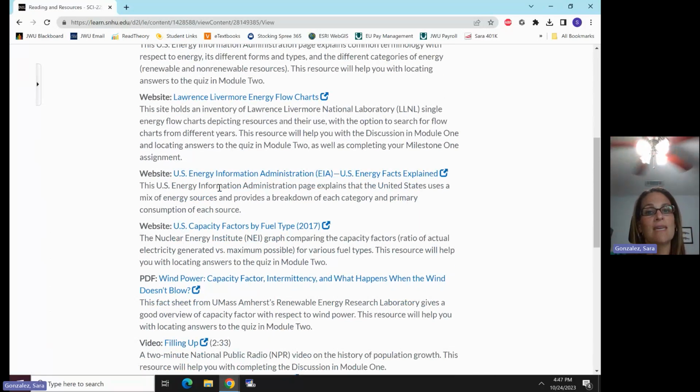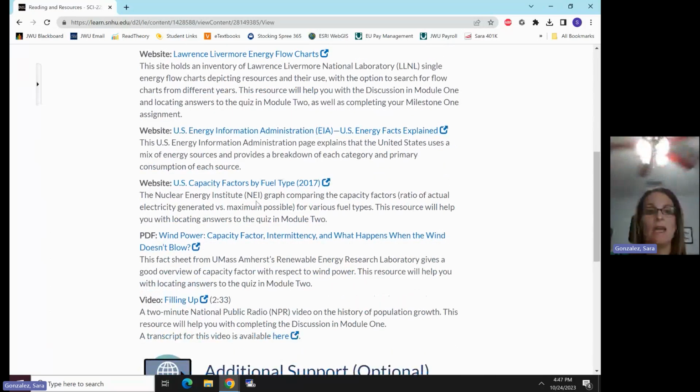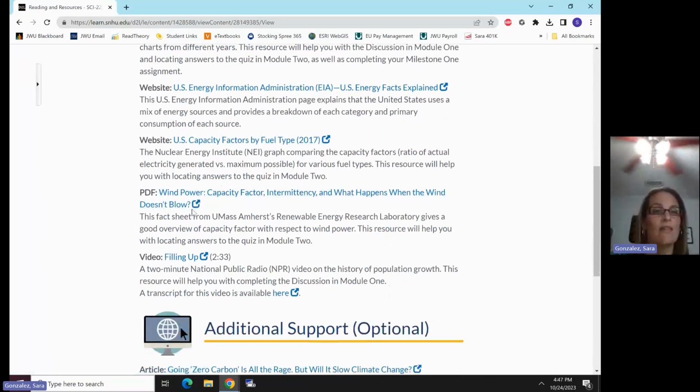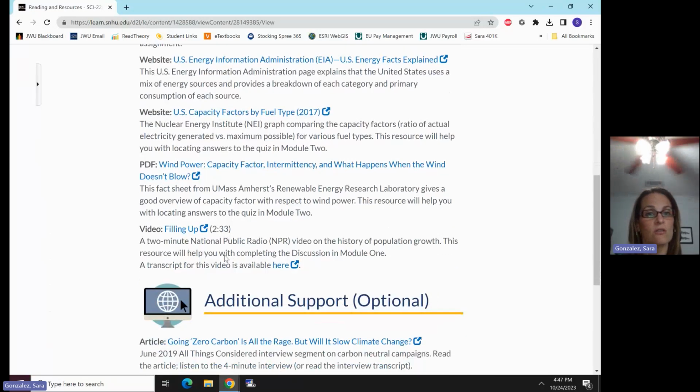Some other information from the EIA about energy facts explained, and then looking at capacity factors by fuel types as well. And then wind power, looking at what happens when the wind doesn't blow. Looking at wind energy and wind turbines, and what is the cost benefit ratio? Is it worth looking at wind as a potential renewable energy source?